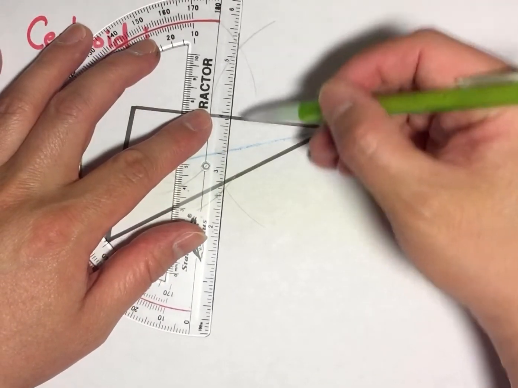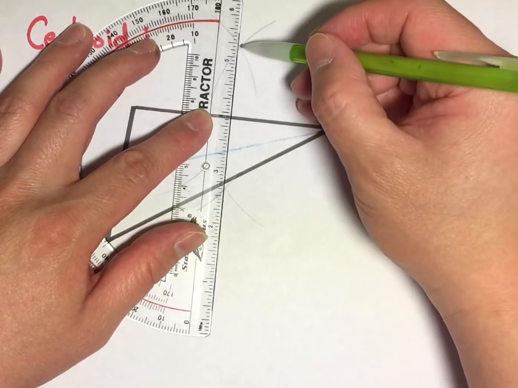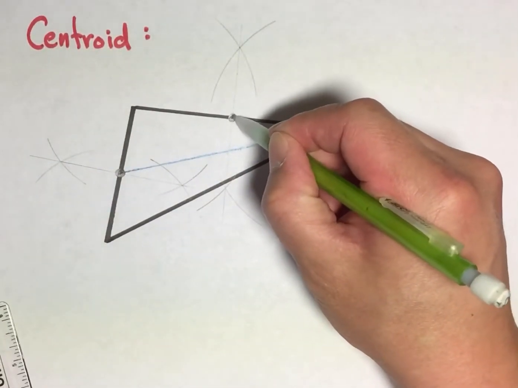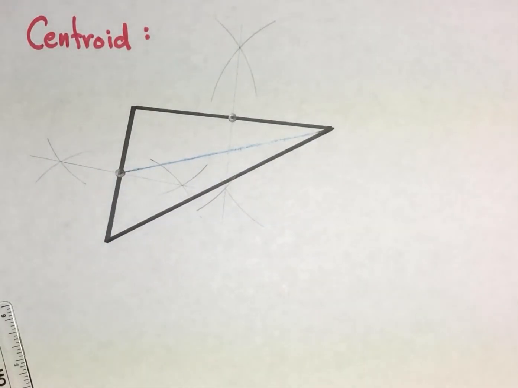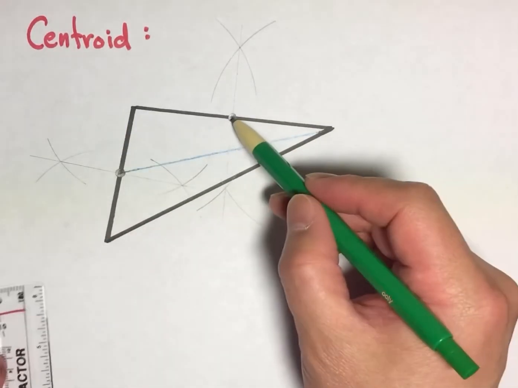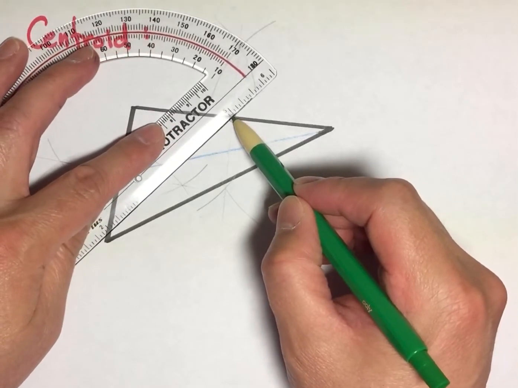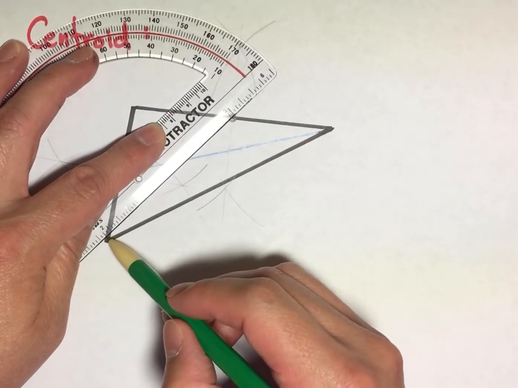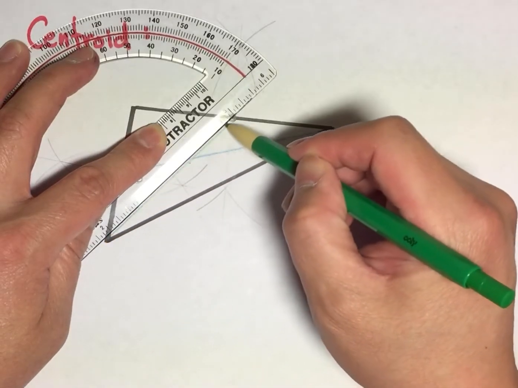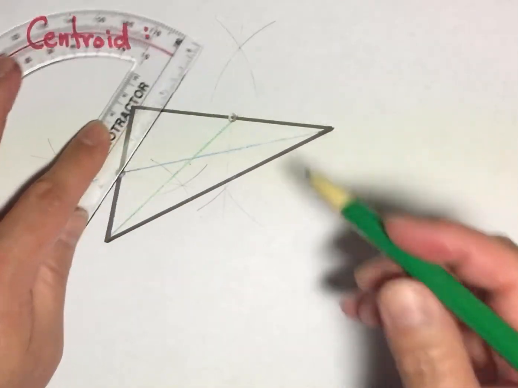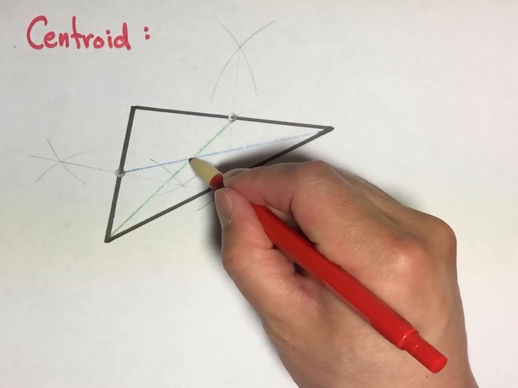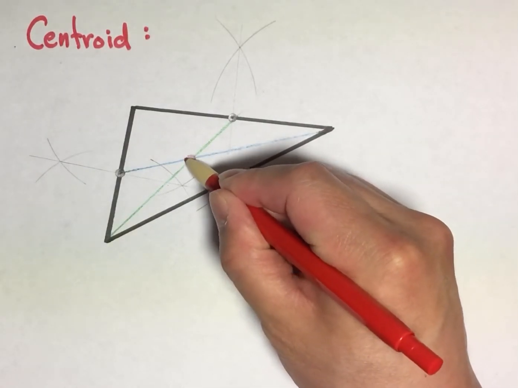That's going to help us locate the midpoint of this side over here. Then we're going to connect that midpoint, so it's cutting this line in half, to the opposite angle, which is down here. So I'm going to connect these two points here, and it's going to intersect the other median right over here, which means this is our centroid.